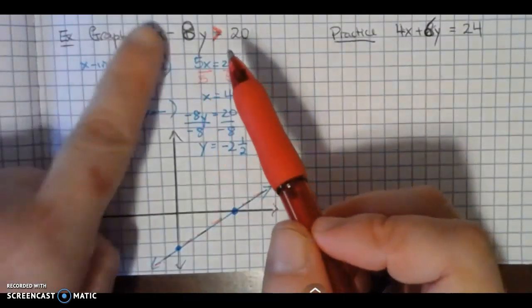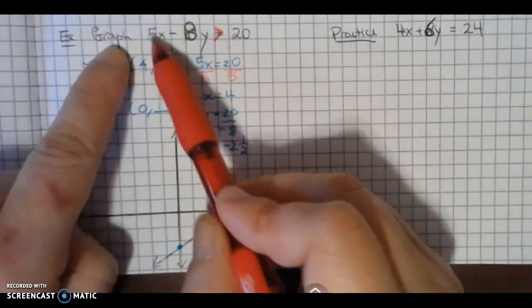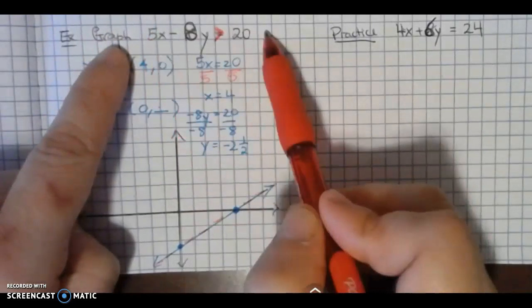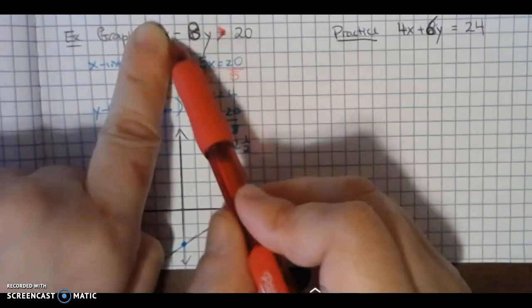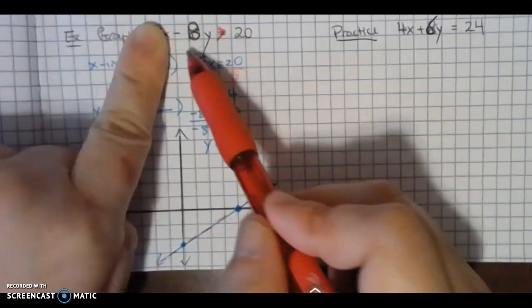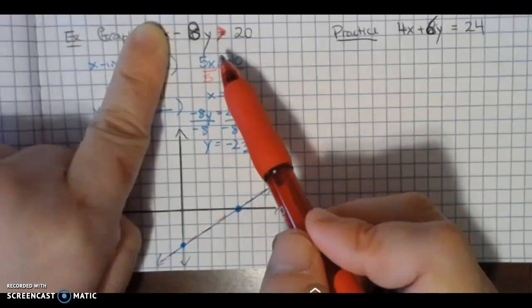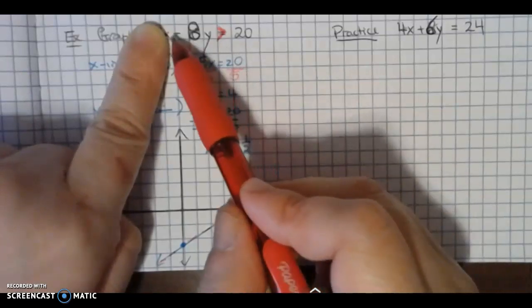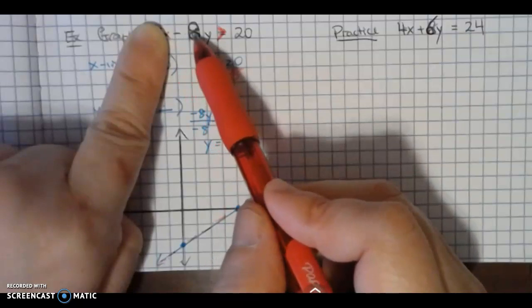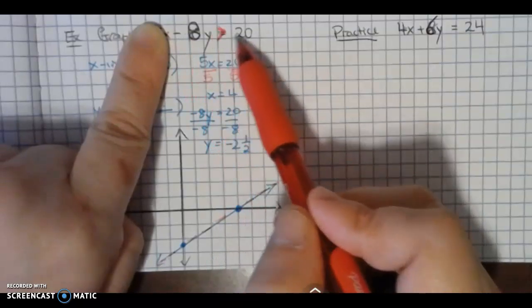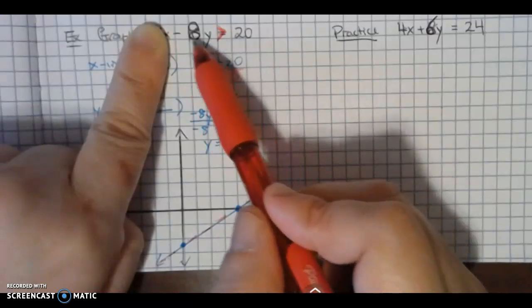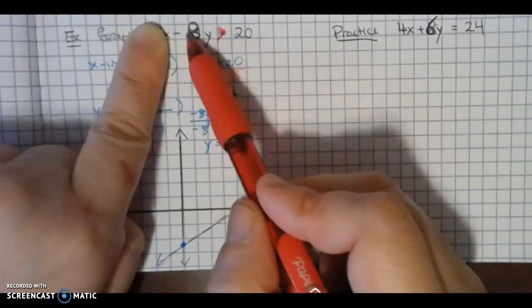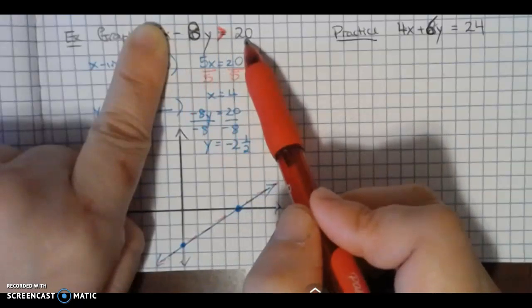Okay, and we're saying that negative 8y is greater than 20. At this point, you don't need to worry about the x because this can go to the other side. So you can cover this up, but you have to deal with the y. To see if you need to shade above or below the line, negative 8y is greater than 20, so I need to divide both sides by negative 8.